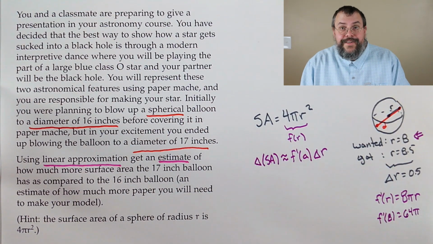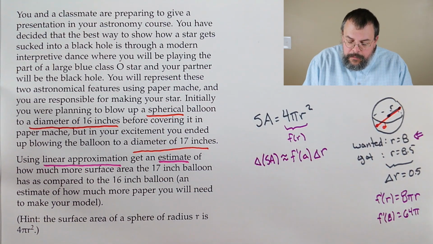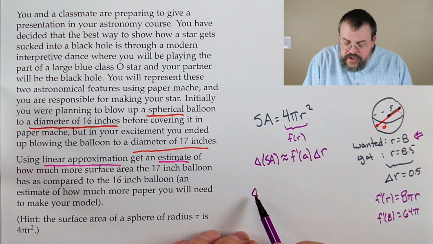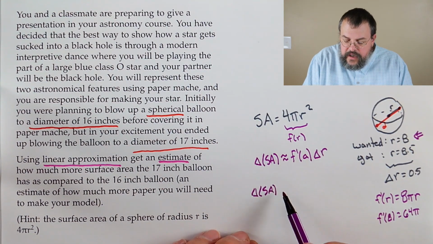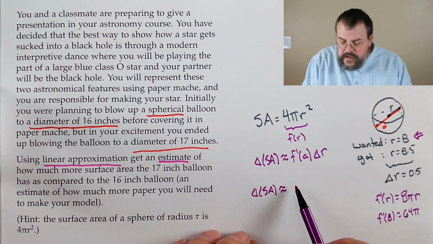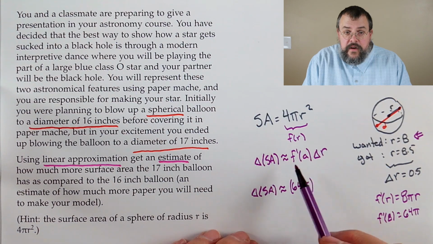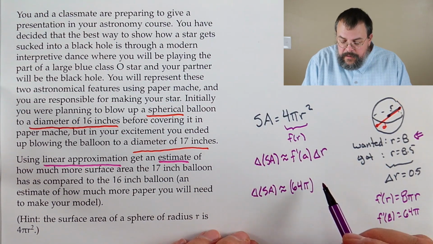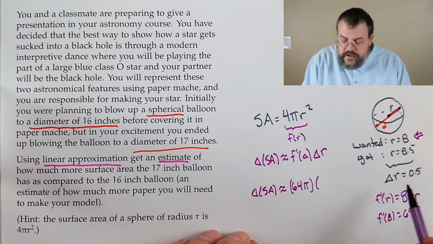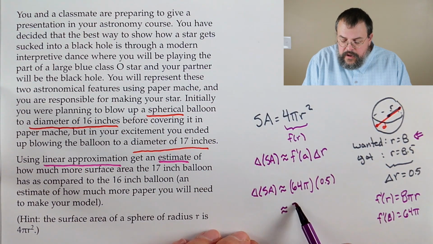So we put this together, and we say that the change in our surface area is approximately that derivative at 8, our 64 pi, times our change in our radius, which is 0.5. And if you multiply that together, you end up with 32 pi.